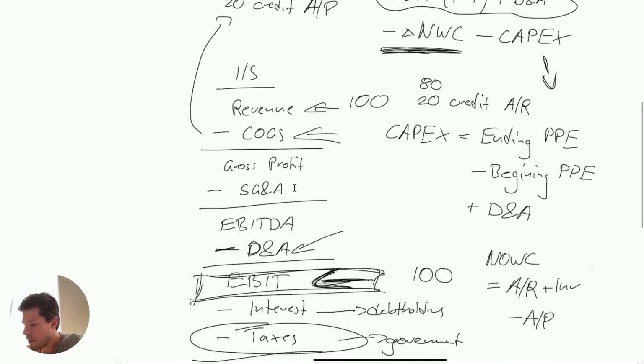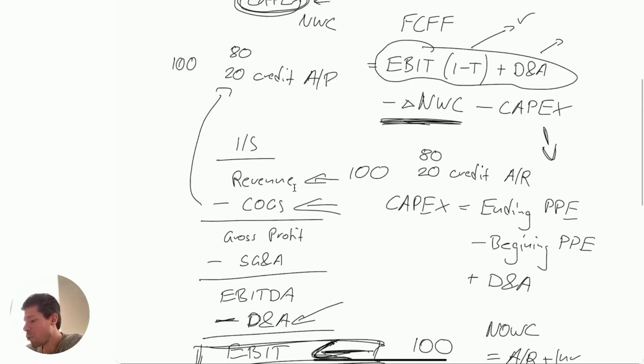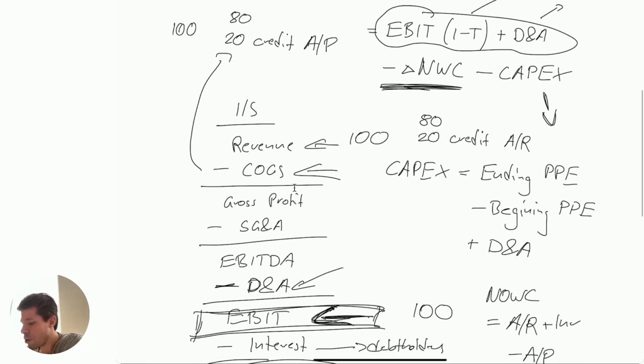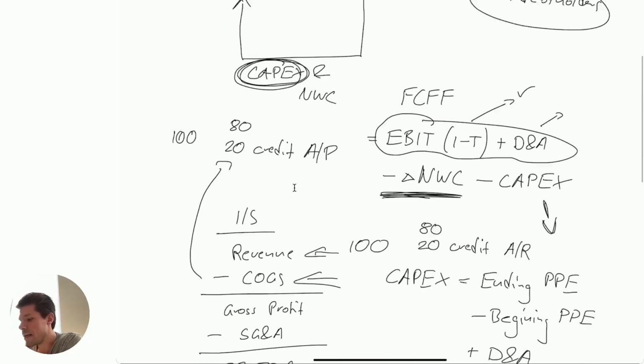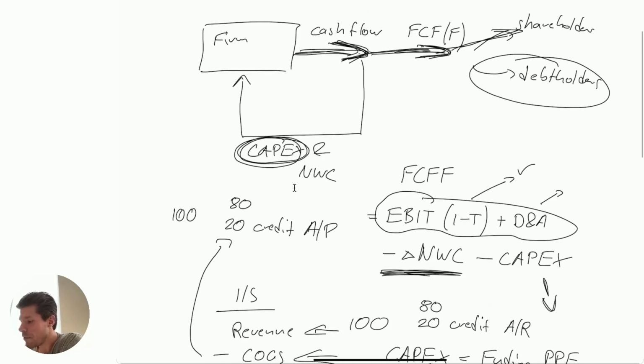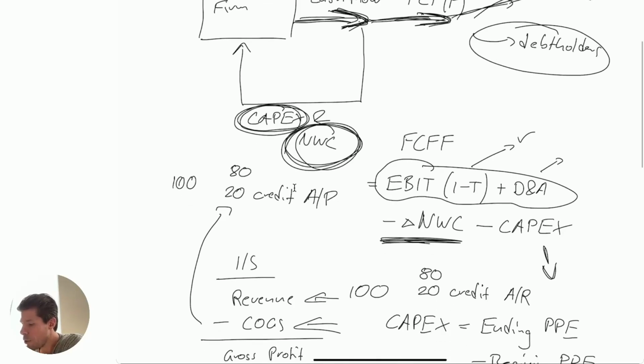So if you have purchased a lot of inventory, your income statement does not show you how much money is actually used for inventory. But what we know is if more money is tied up in your operations from one period to the other, then less cash flow is available for your share and debt holders. So more cash is needed for your operations. We do those adjustments.